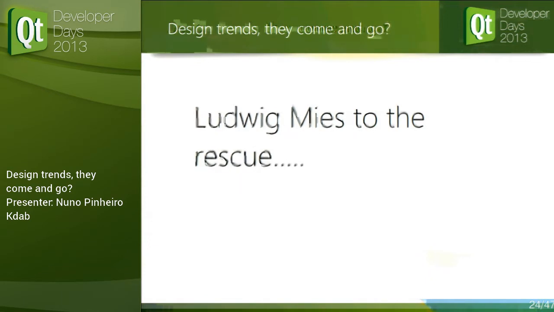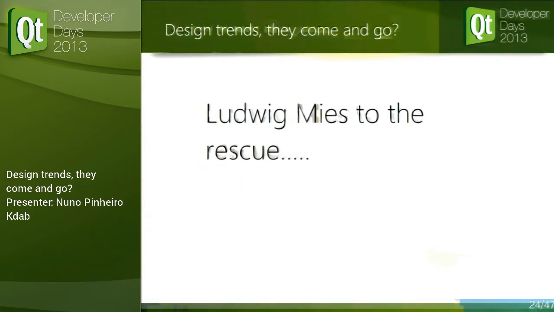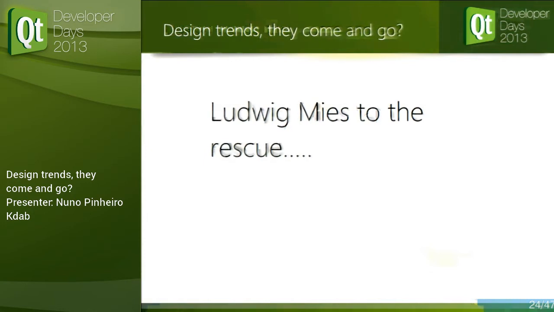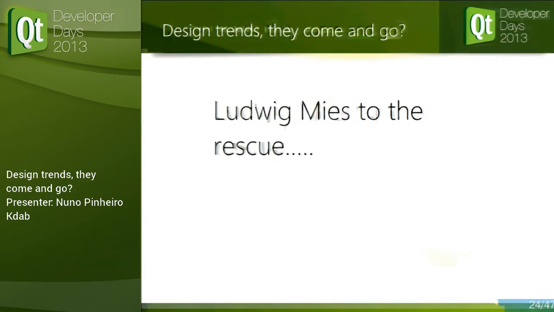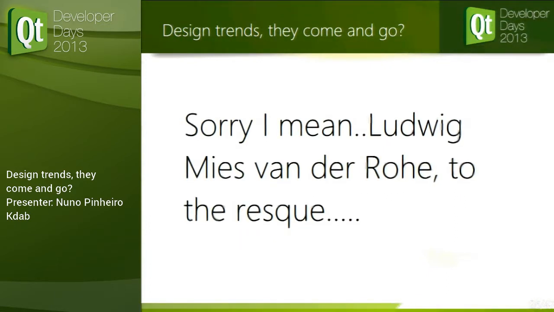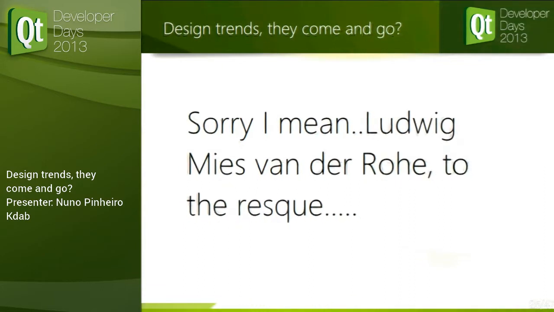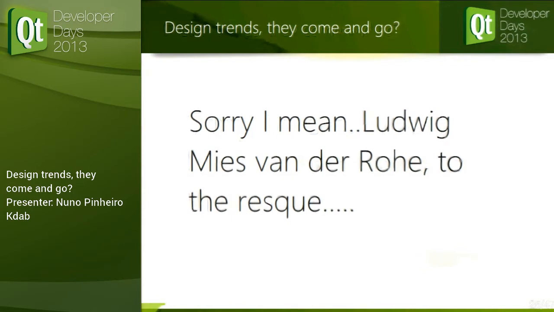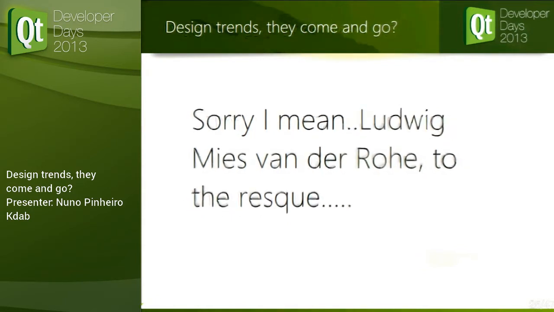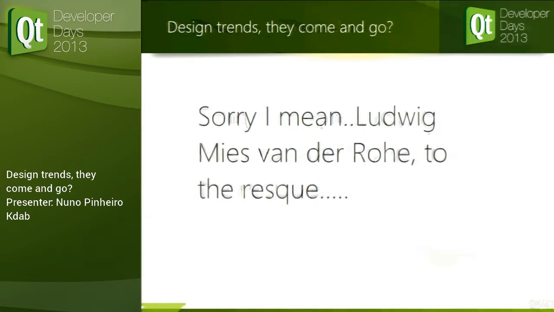So some guy from Berlin named Ludwig Mies. No, not yet. Sorry. Now it is. This guy entered the scene, and a lot of people were questioning the overwork, especially he, again, an architect.